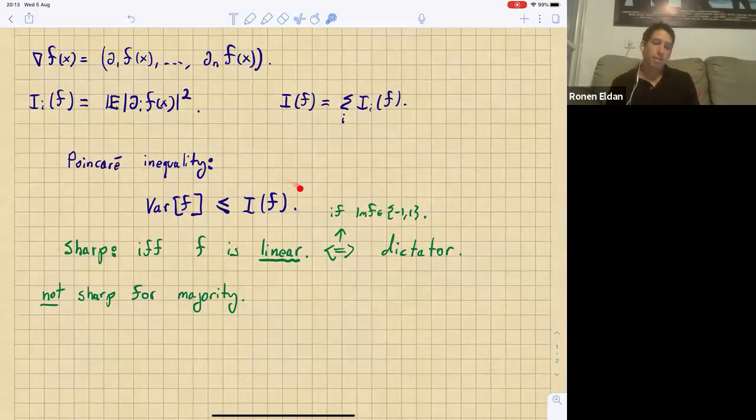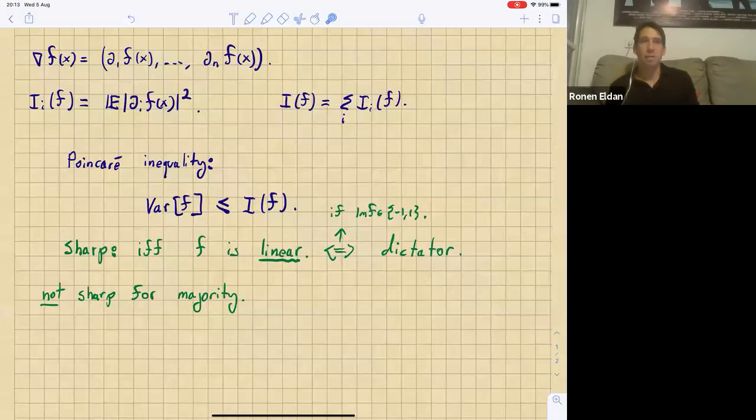The right-hand side for majority: what's the probability that we are near the boundary of f, that we're sensitive to one of the coordinates? It's not hard to see that this is something like 1 over root n. But if we're sensitive to one coordinate, then we're sensitive to something like O of n coordinates.